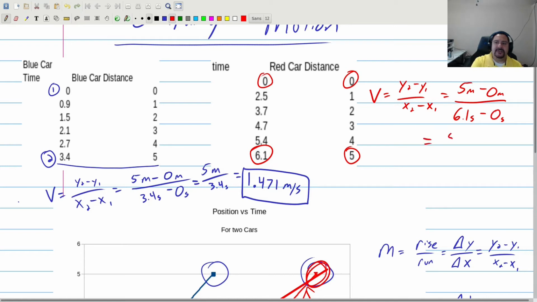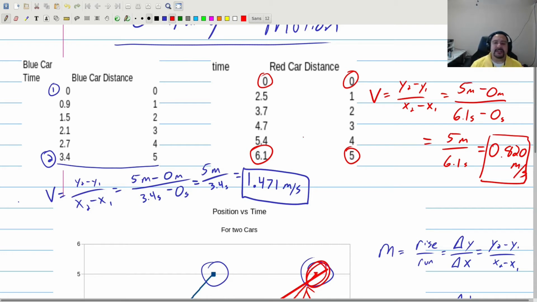Well, that's going to be equal to 5 meters divided by 6.1 seconds, which is 0.82 meters per second. So we can find the average velocity by looking at these graphs and finding the slope.